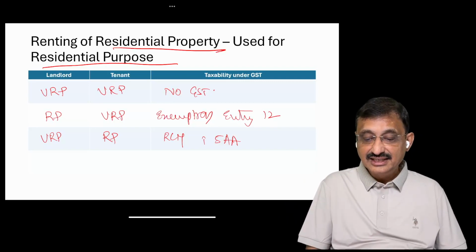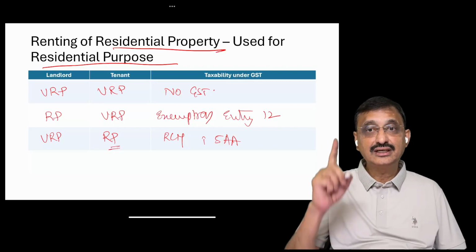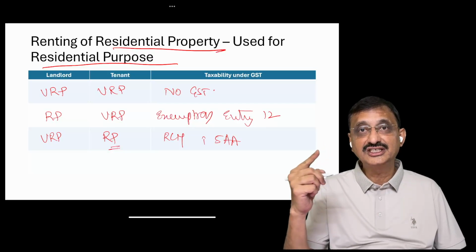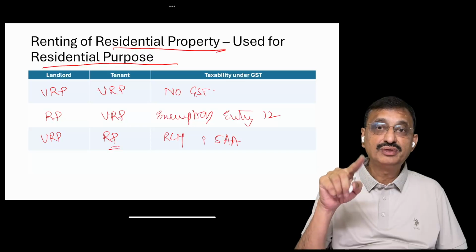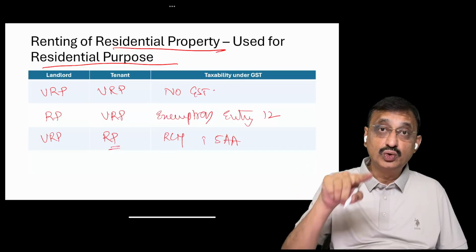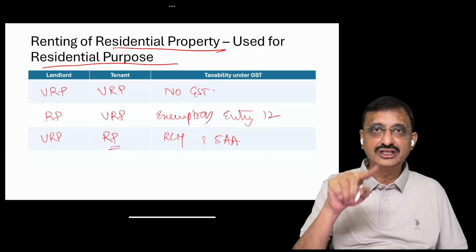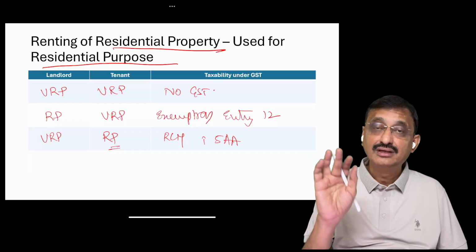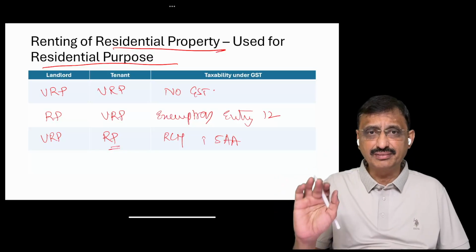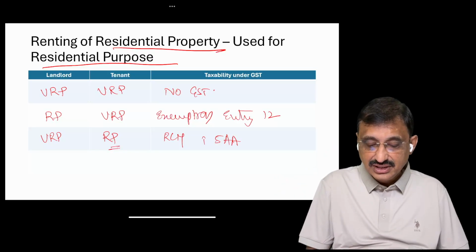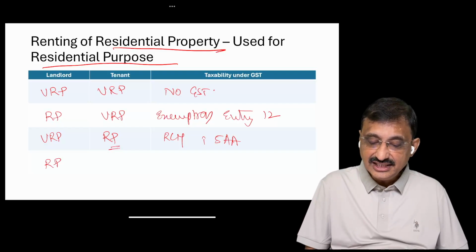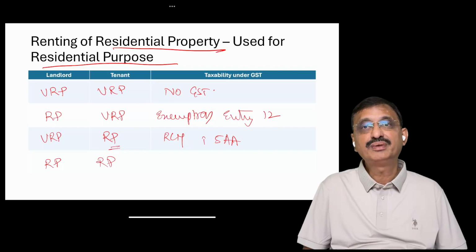But as we have discussed, if the registered person happens to be a proprietor, he has taken the rent on his own account and payment of rent is also in his own account. For them, reverse charge is not applicable. Exemption is applicable.